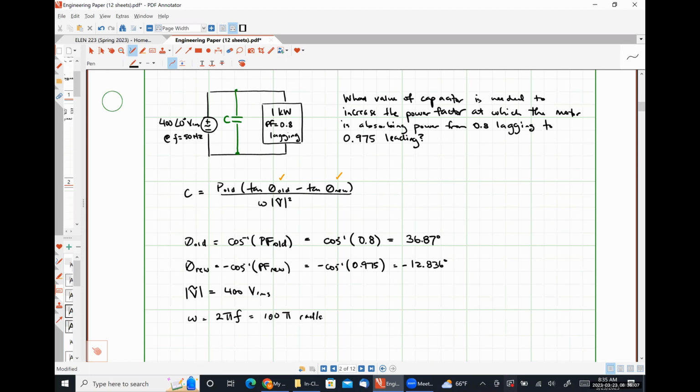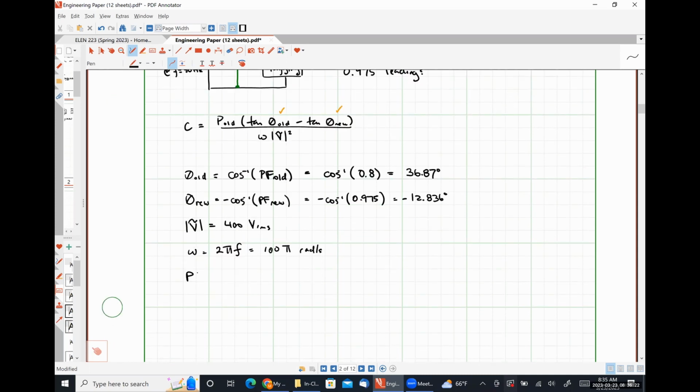Absolutely right, because kilowatt tells us that that's average power. Don't need to do any work for it whatsoever. I literally gave it to you. You just have to be able to recognize what was given to you by looking at the units of the power there. So P old is simply 1 kilowatt.